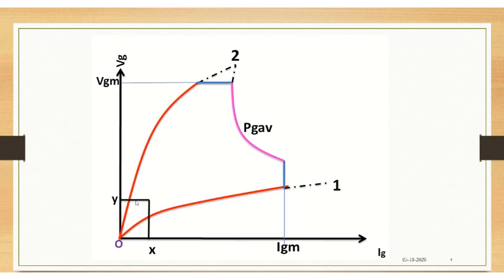The voltage you apply should be more than this minimum voltage, it should not cross this range, and the gate current also should be within this value. Then we say the SCR we are using is in the safe region.